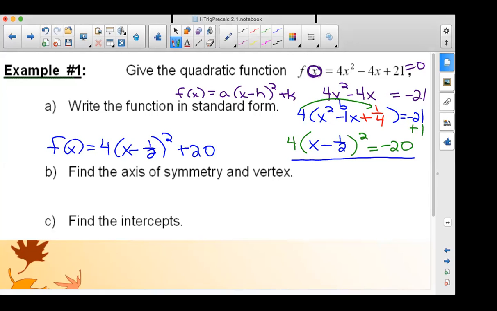The next part I should be able to answer fairly quickly now because I have standard form. It asks for the axis of symmetry, which I just label as AOS because I don't like writing out all those words. And it asks for the vertex.